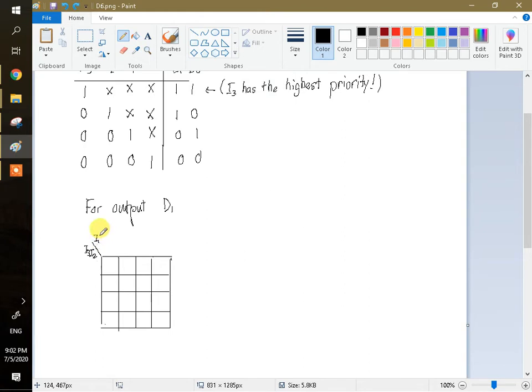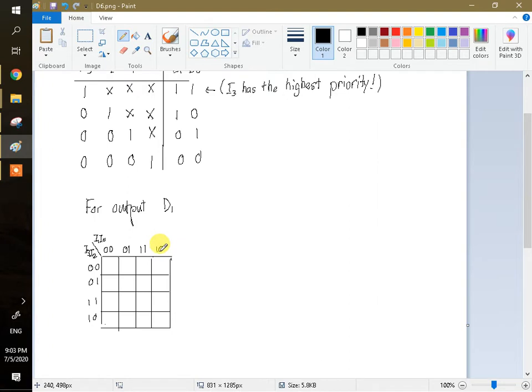The sequence is 0 0, 0 1, then 1 1, then 1 0. You must not forget this. This is a very common tool we use to simplify Boolean equations.